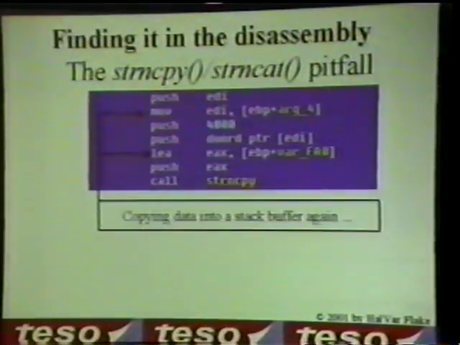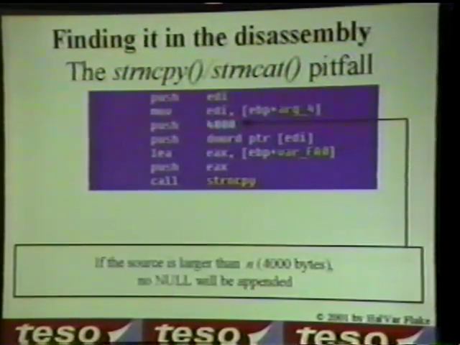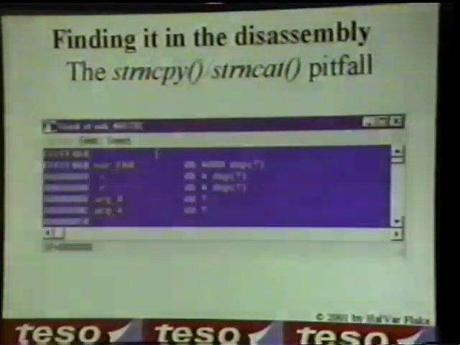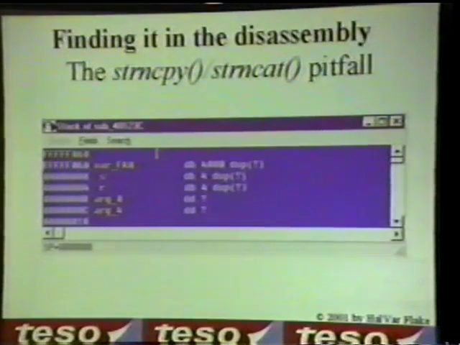This one is copying data from a dynamic source into a stack buffer again, and we have a max length parameter of 4,000 bytes. Now, if our buffer is only 4,000 bytes long, no null byte will be appended to it. It will not be null terminated. So we look at the stack frame in IDA, and we can see that the buffer is only 4,000 bytes long. So this would be dangerous as well.